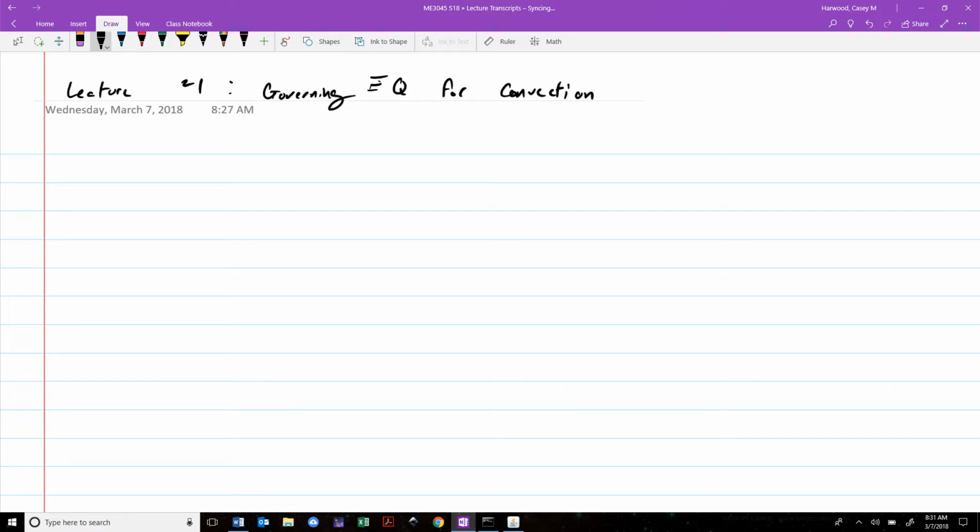The velocity boundary layer is where the flow slows down to achieve the zero slip condition at the surface. The thermal boundary layer is where the temperature of the fluid transitions between that at the boundary and that in the fluid. Those two boundary layers are related to one another, but they are not necessarily the same thickness, nor are the distributions of temperature and velocity the same. We're going to see that here in just a second.